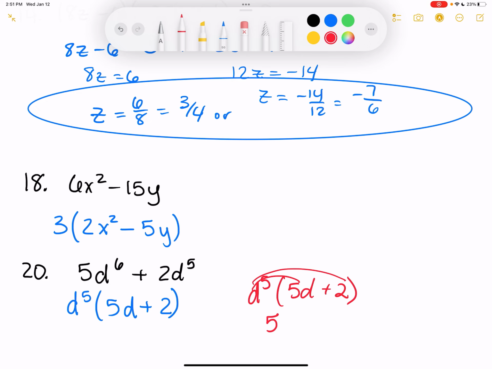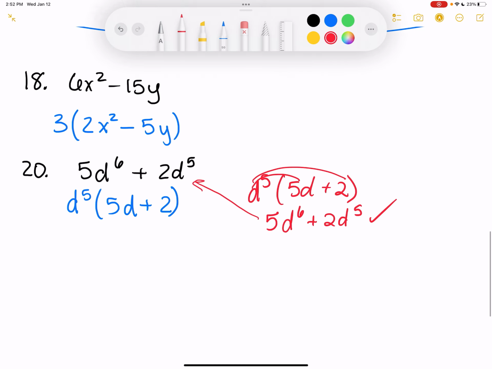If I'm multiplying things, I add their exponents, so d to the 5 plus 1 is d to the 6th, and then 2 times d to the 5th. So as long as you get back what you started with, then you did it right.